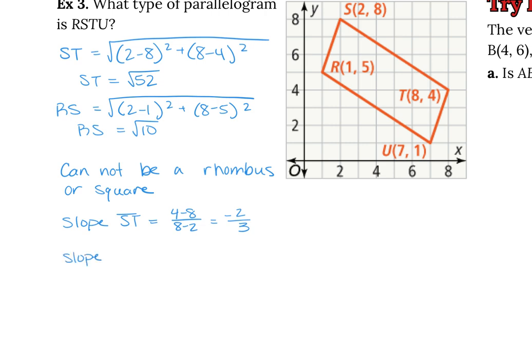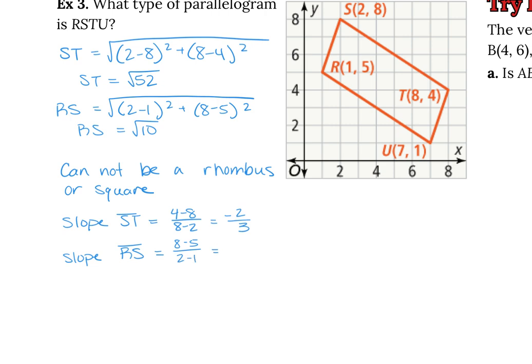Then I'll find the slope of RS, and I'm looking to see if it has negative reciprocal slope. So if it was the negative reciprocal of that negative 2/3, I should end up with 3/2 for my slope. So if this is not 3/2, then it is not a rectangle. So let's go ahead and finish finding this slope.